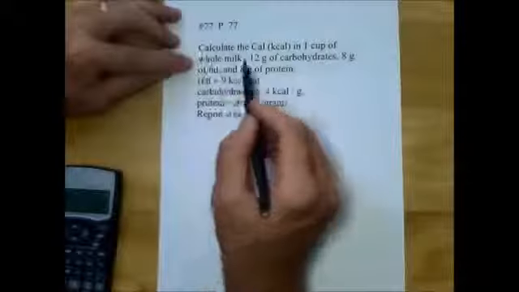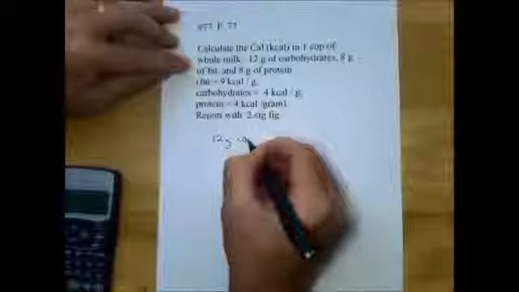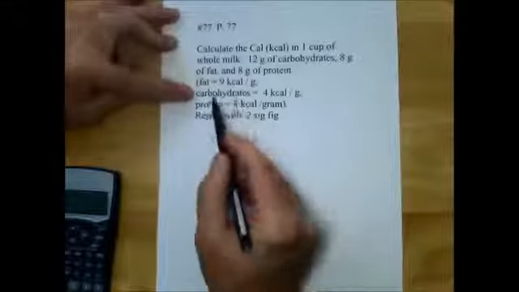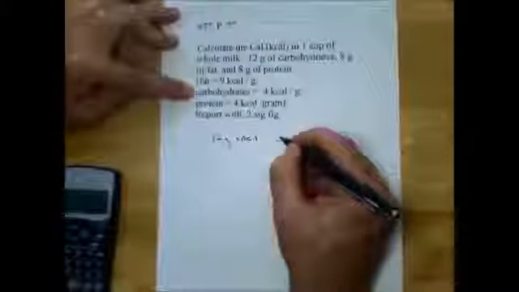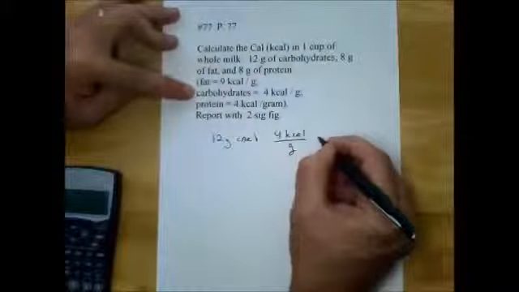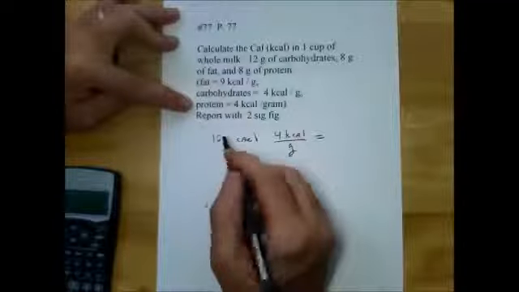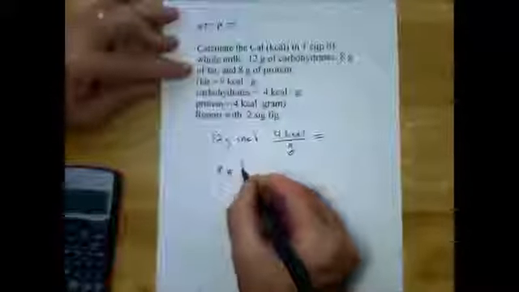So we see that we have 12 grams of carbs. And where is it? Carbohydrates equals 4 kilocalories per gram, so 4 kcals per gram. I'm going to wait to do it all at one time, and so we look up here and we see there's 8 grams of fat. And where is fat?